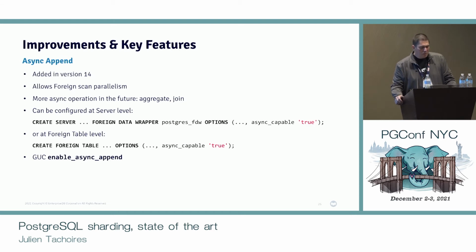More asynchronous operations will be supported in the future, and to enable asynchronous append, Postgres foreign data wrapper servers must be configured for using it by setting the async capable option to true. It can also be enabled at the foreign table level by configuring the same option to true. And the enable async append parameter controls the usage of async append at the planner level.